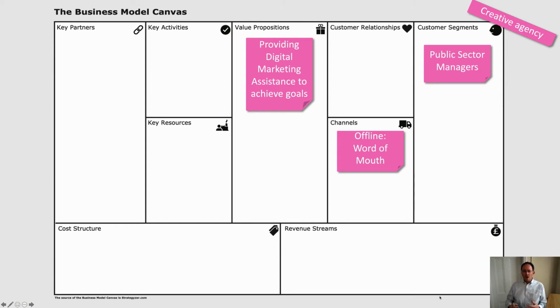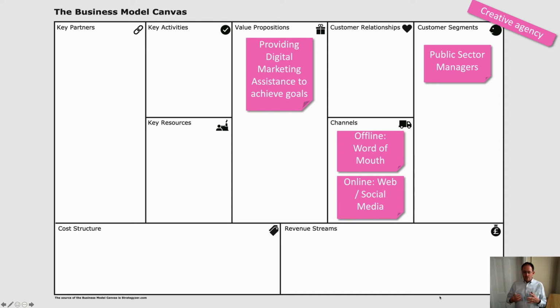So word of mouth is one of the channels they use to find out about and engage with this type of service, this type of business. On the other hand, they also go online. They use the web and social media to make judgments about businesses that are out there, to look at what they're up to, gain insights into who's out there and what sort of service they're providing.